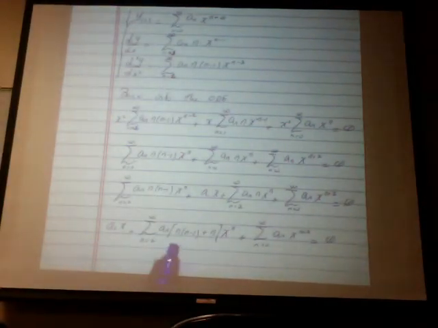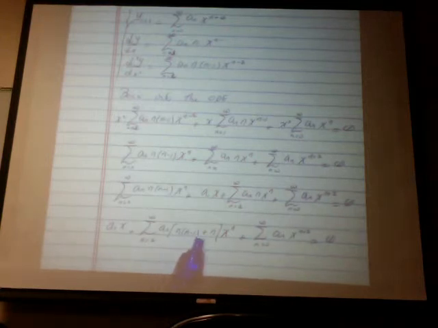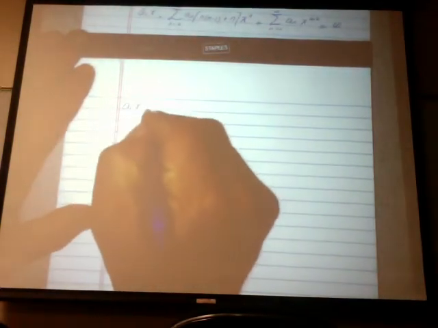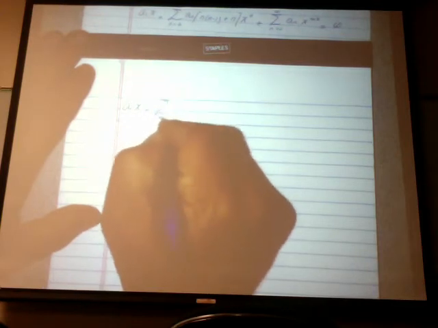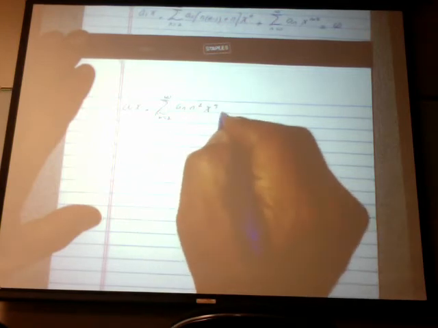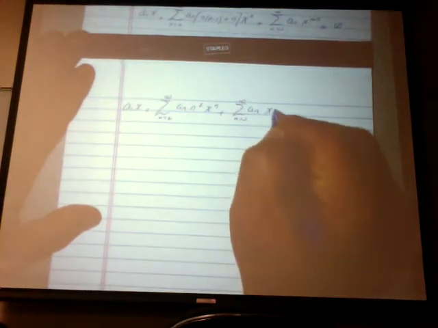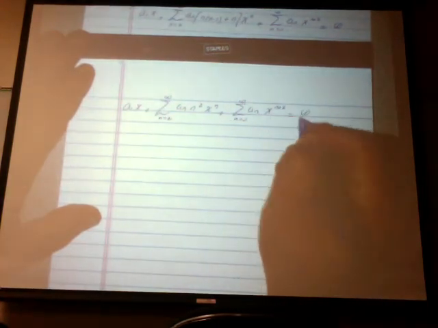Alright, well this is n squared minus n plus n, so one of the n's goes away. I'm doing this in multiple steps. Again, a1 x plus the summation from n equal 2 to infinity an n squared x to the n plus the summation from n equals 0 to infinity of an x to the n plus 2 is equal to 0.